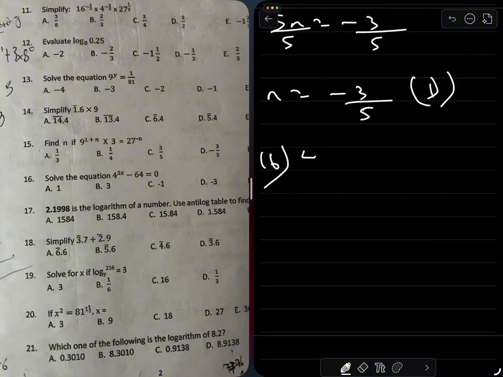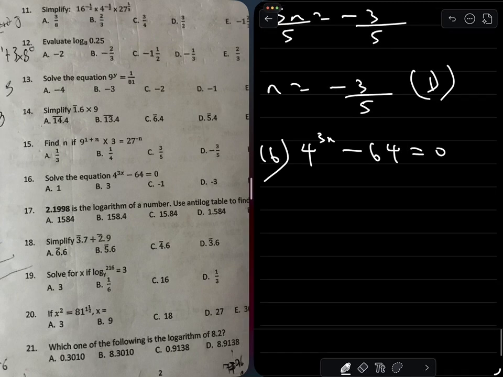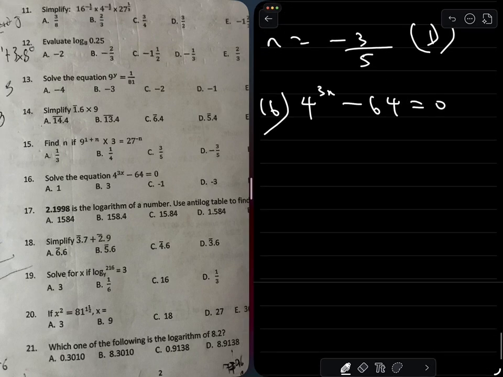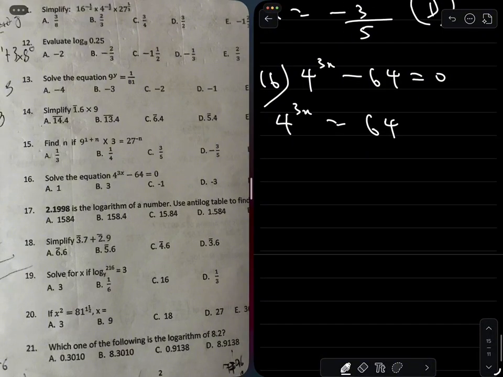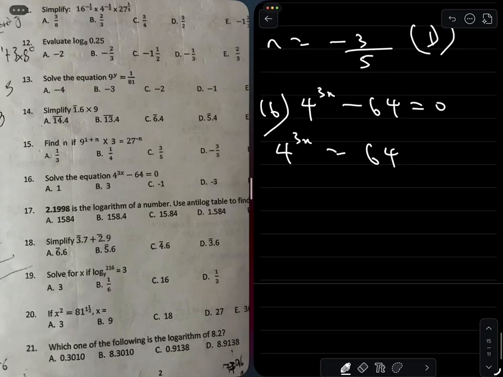Now to the next one, number 16. Solve the equation. You're not reading the question. Read it down. Solve the equation 4 to the power 3x minus 64 equals 0. You now move this minus 64 to the right hand side.